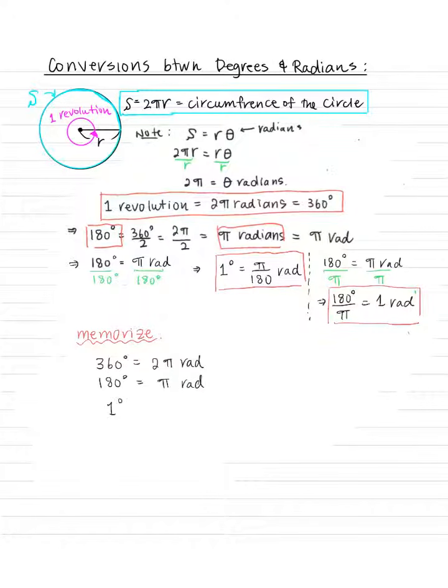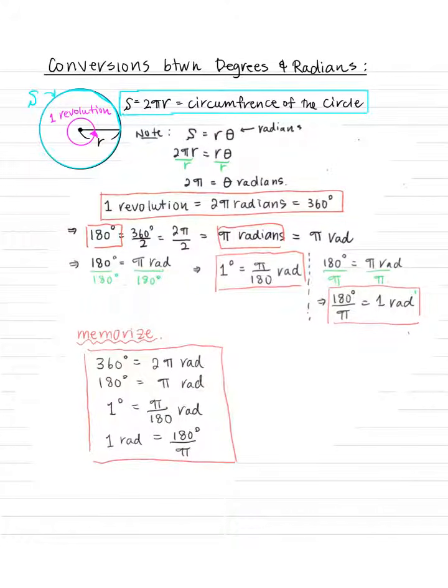And 1 degree is pi over 180 radian. And 1 radian is 180 degrees over pi. How's your brain doing? They're all starting to look the same, huh? But you can always derive this in case you forget the conversion, just like what we did above.